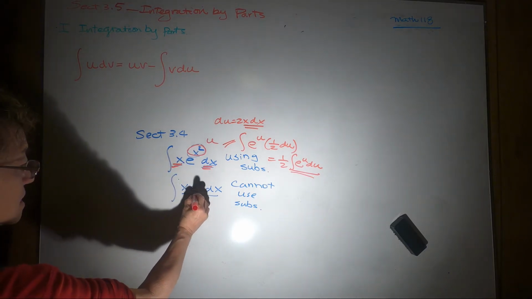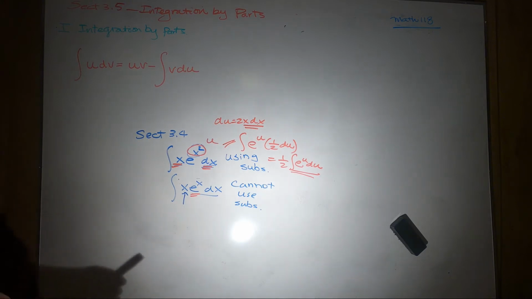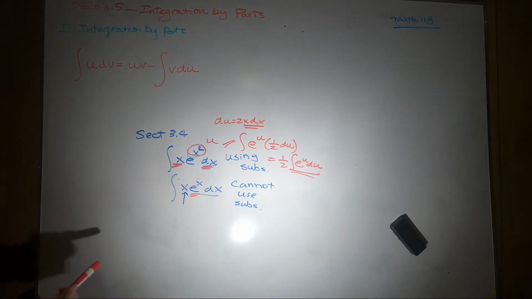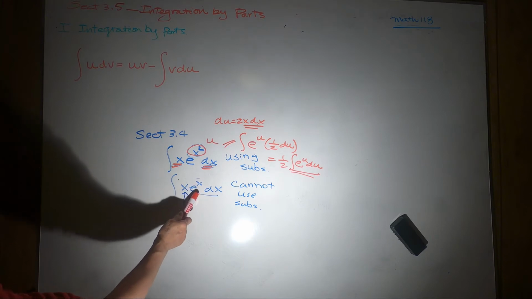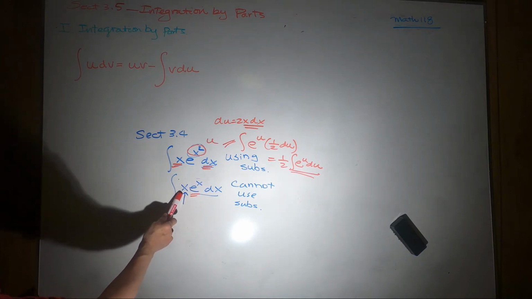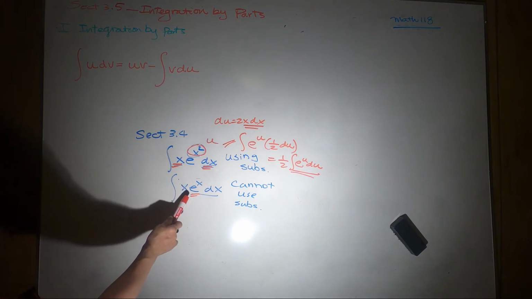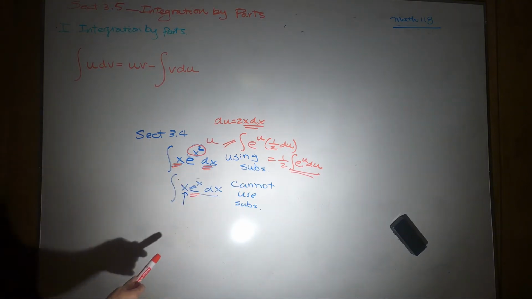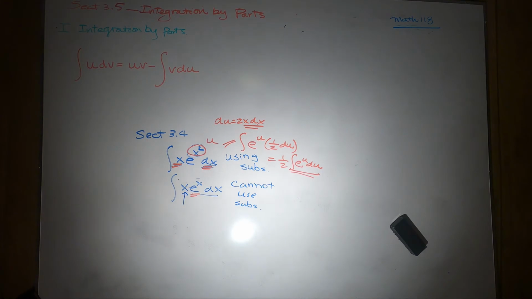But here, e to the x power is e to the x power. Then you take the derivative, there is no extra x for you to use. So you cannot use the substitution to do it.